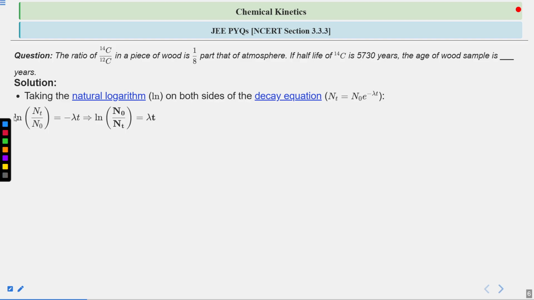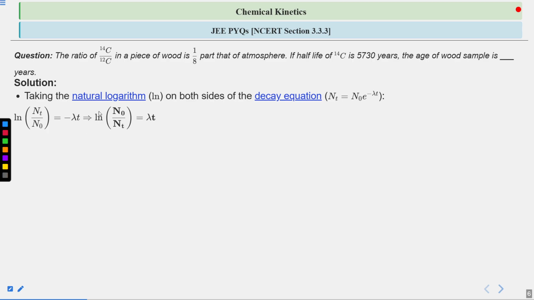As I said, whatever is present in the power goes in the product, so we can follow the reverse rule also: if something is in the product with the ln, it can go into the power. So that minus will go into the power of Nt by N naught, and Nt by N naught to the power minus 1 can be written as N naught by Nt.